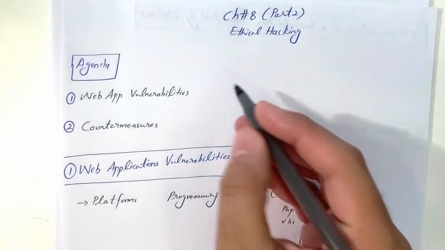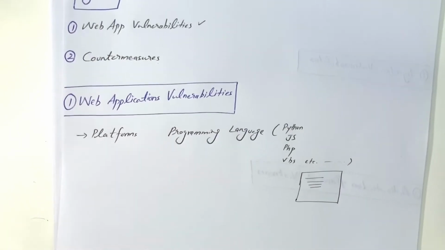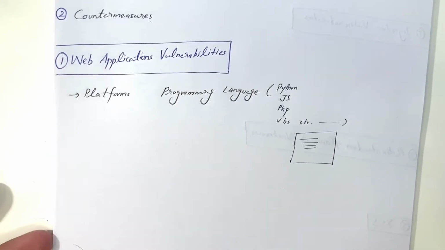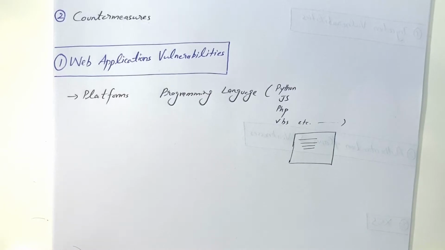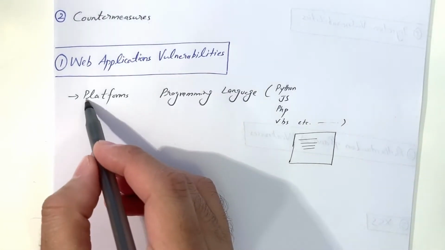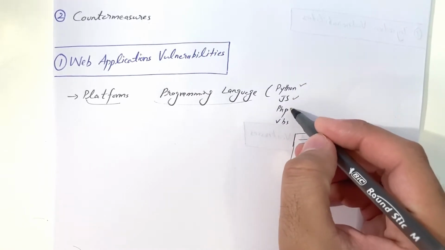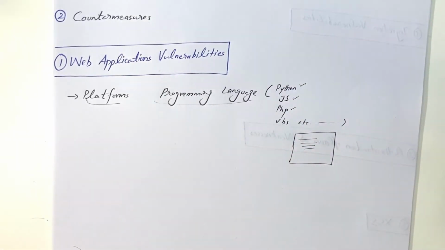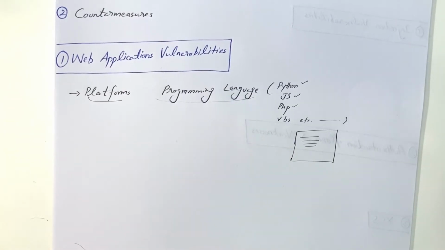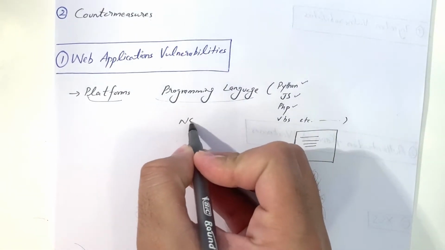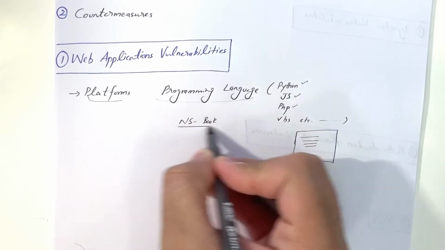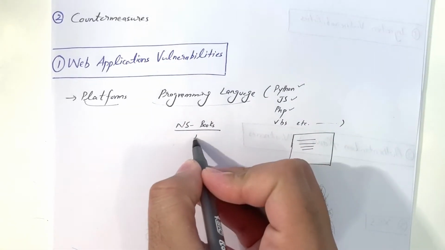So starting with the first agenda item, web application vulnerabilities. The first thing that we need to understand is that to design a web application, we use different platforms. We use many different programming languages, for example, Python, JavaScript, PHP, Visual Basic, etc. Now, the problem here is that to protect these web applications, most of the network security books completely ignore the programming part.